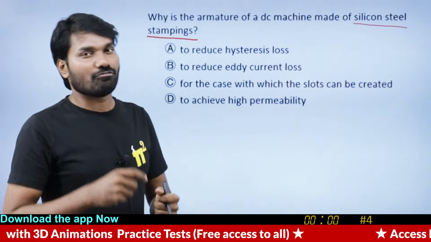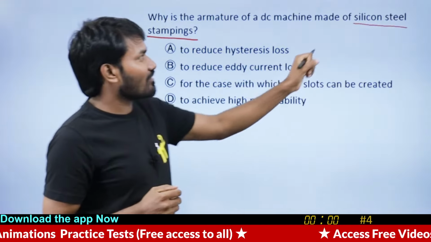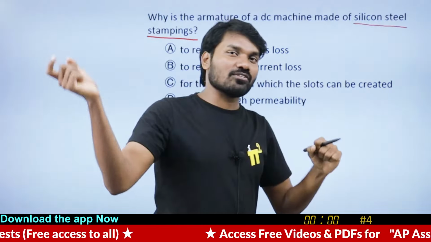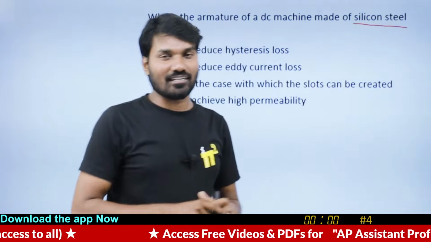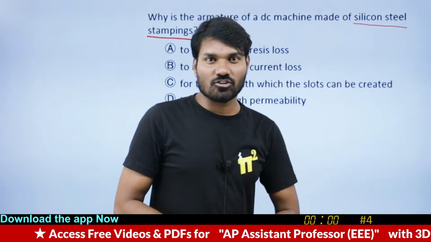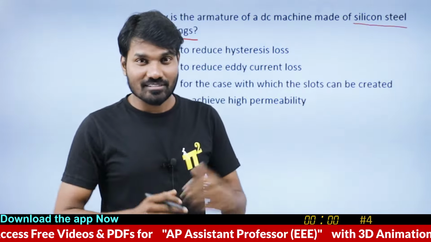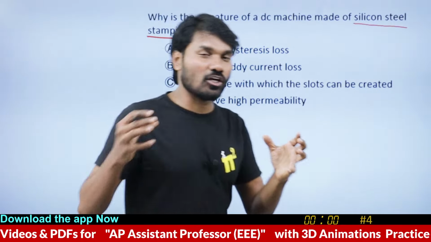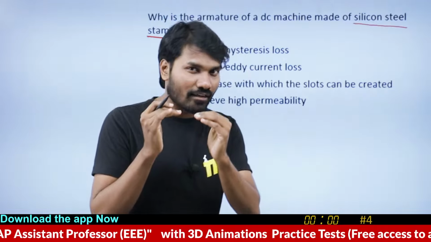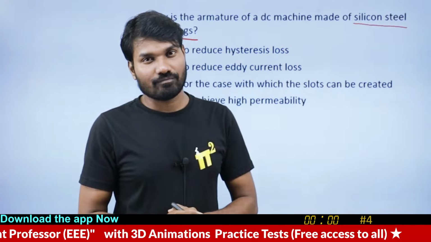If it is asked why we are using silicon steel, that purpose is also to reduce the eddy current. I am adding silicon, as we discussed in material science. Adding some silicon to the steel will reduce the electrical properties of the steel.